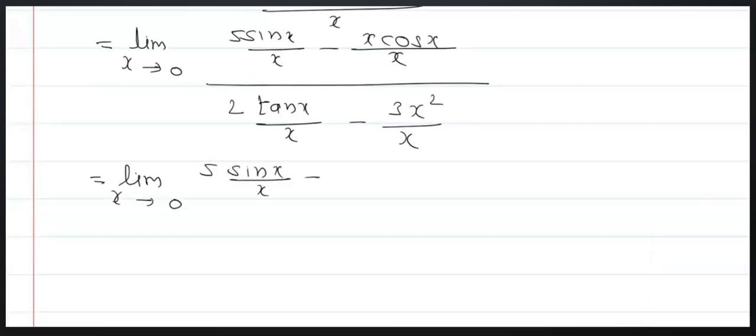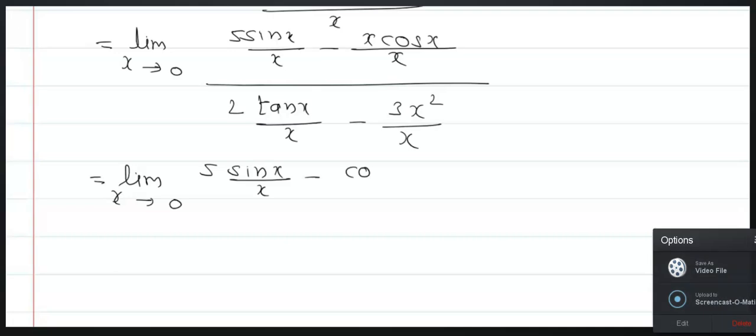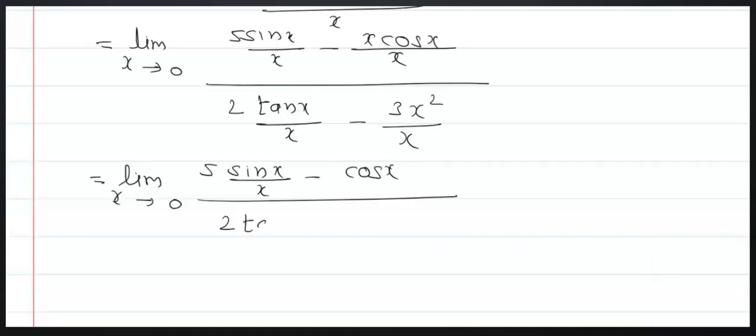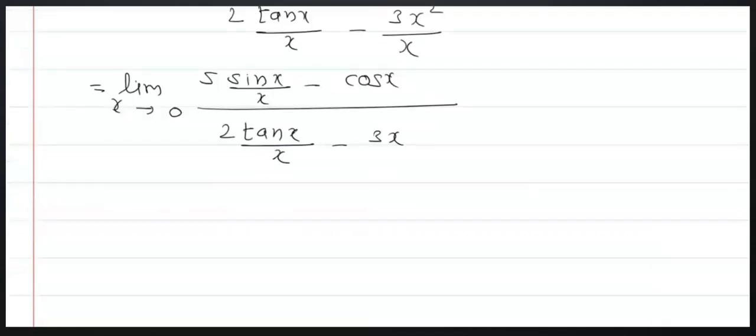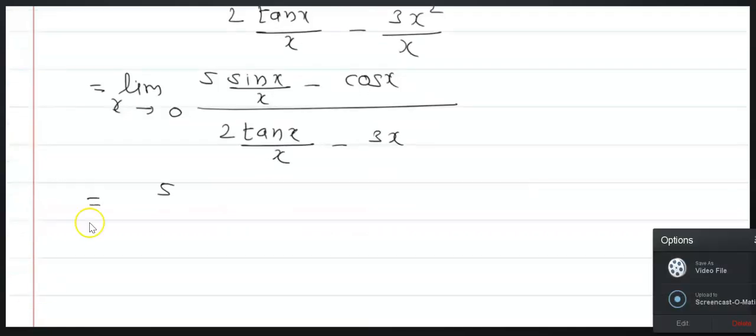That is limit x tends to 0, 5 sin x upon x minus cos x upon 2 tan x upon x minus 3x. Therefore, as limit x tends to 0, sin x upon x is 1, that is 5 into 1, 5. And limit x tends to 0, cos of 0 is 1. And limit x tends to 0, tan x upon x, that is 1.